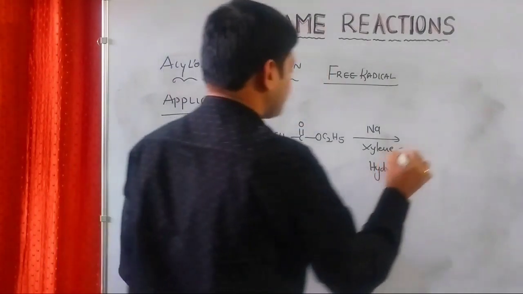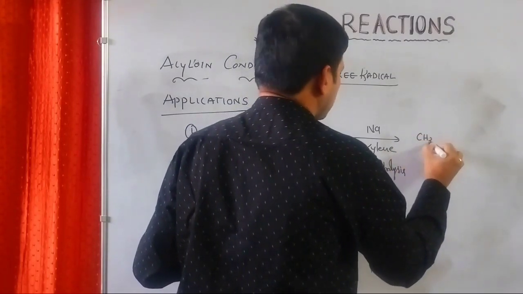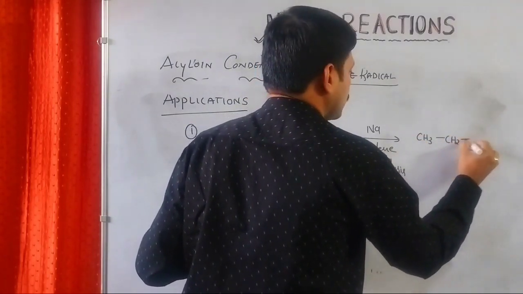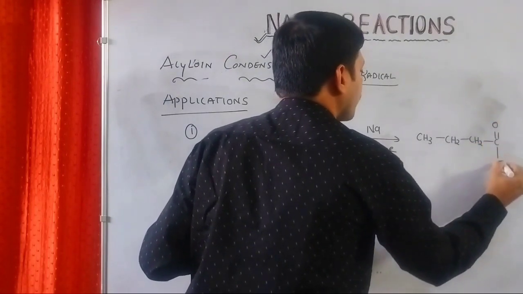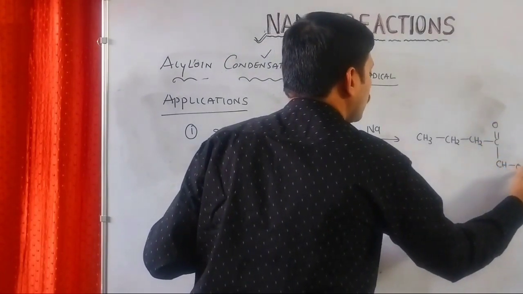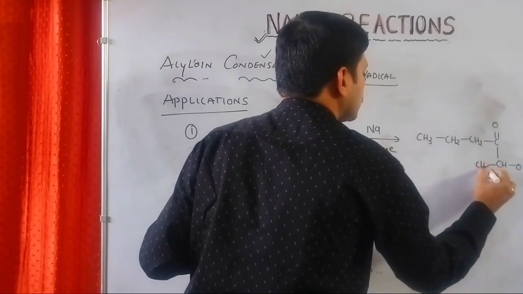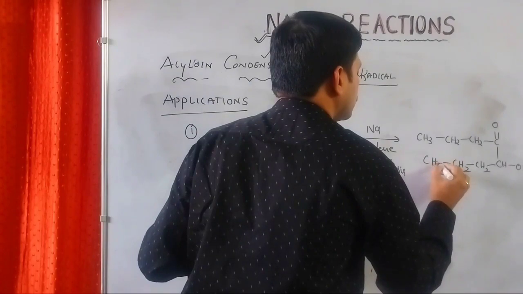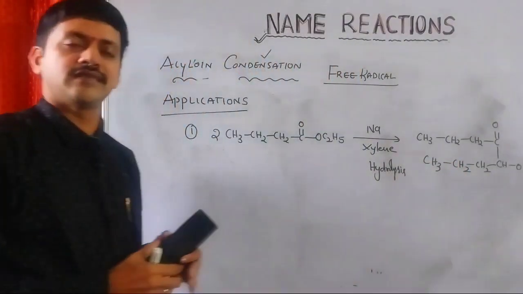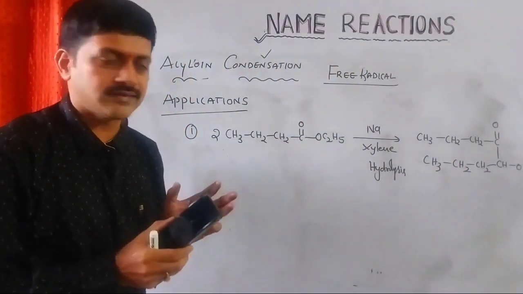The product will be CH3, CH2, CH2, C double bond O, CHOH, CH2, CH2, CH3.